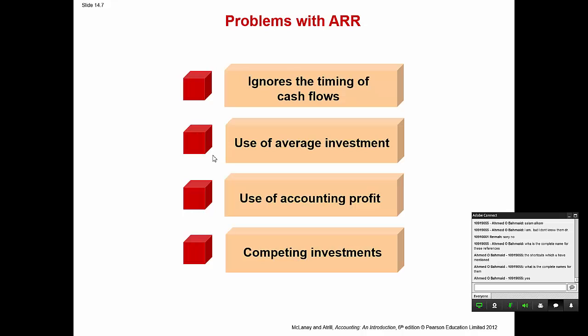And it's using an accounting profit. That means if you get an experience, or if you get know-how from the investment, then it will not be counted in ARR. Okay, and finally the competing investments.